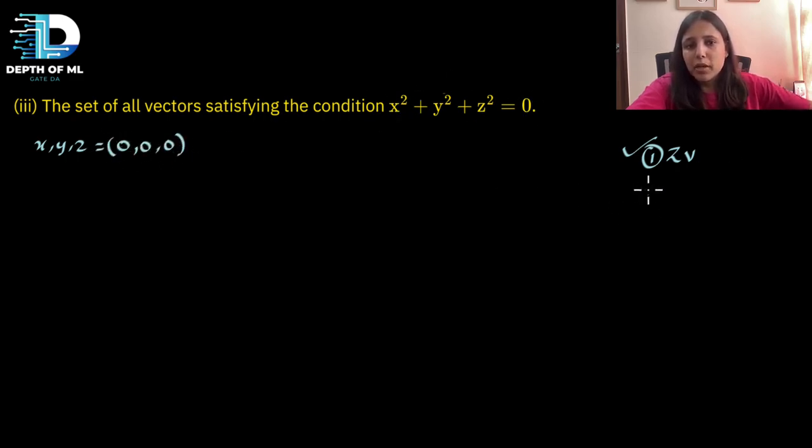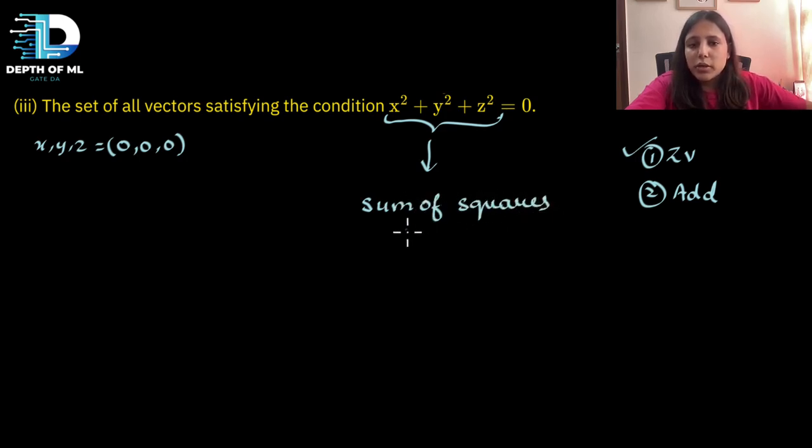So this is correct. The second thing is addition. Now before I jump to addition, observe this. What is it saying? It's saying x square plus y square plus z square is equal to 0. What does it mean? It means that the sum of squares is equal to 0. If the sum of squares is equal to 0, then x square is equal to 0, y square is equal to 0 and z square is also equal to 0, right?